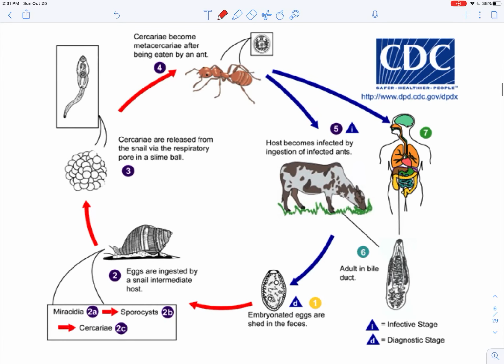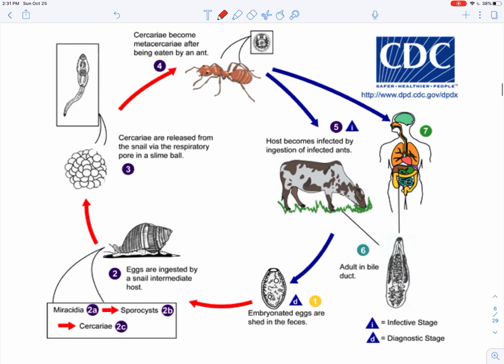So I'm showing you the full life cycle here. You don't have to remember the juvenile stages, the names of them. So you're seeing a lot of terms here like miracidia and cercaria, for example. But again, what we're seeing here is that we have our intermediate host of the snail.